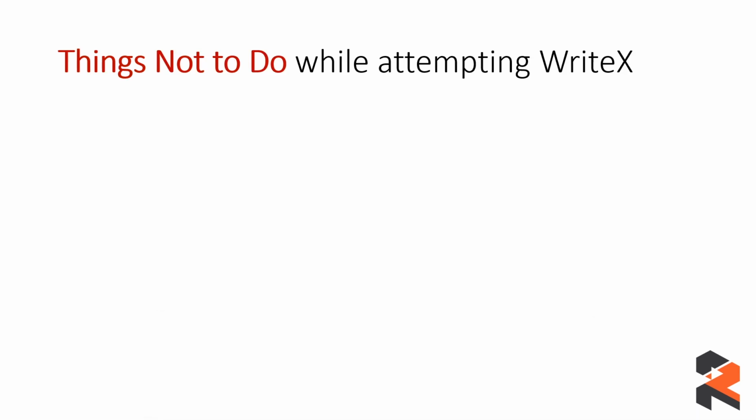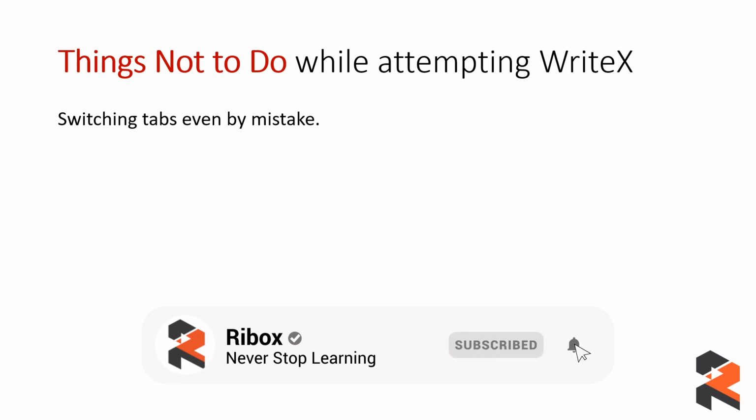Now, what are the things which you should not do while attempting the Write-X section? First of all, never ever switch your tabs even by mistake. Now, there are two cases which can happen. First of all, if your exam is being conducted on a dedicated browser, just like we had a safe exam browser for Accenture and we had a browser for TCS, then in that case, this problem is slightly avoided.